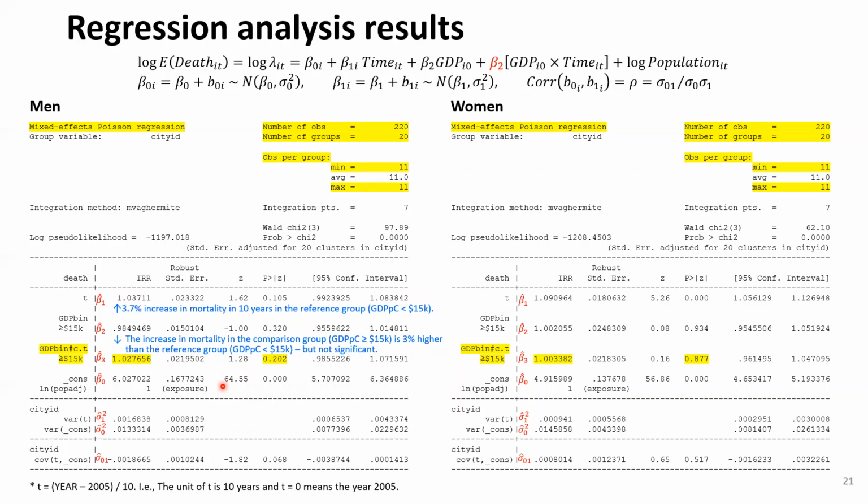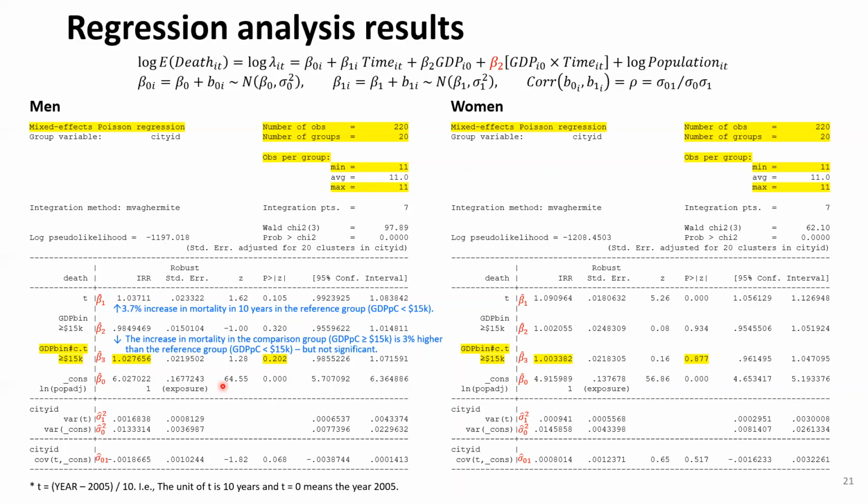Not necessarily. At this time we were interested in whether the initial GDP affects the change of mortality trend. For this reason, we are checking the interaction term. But if you are not interested in interaction between two variables, you don't have to.